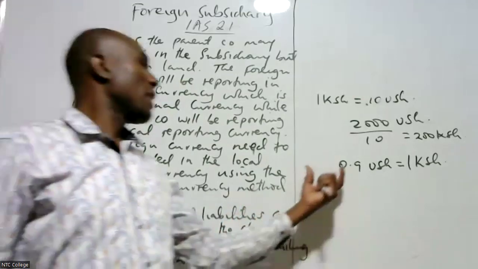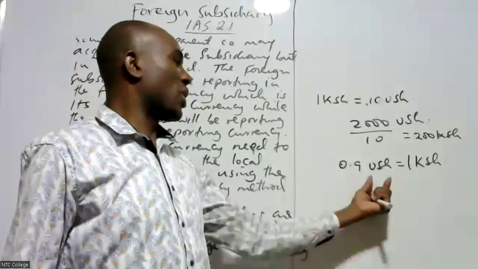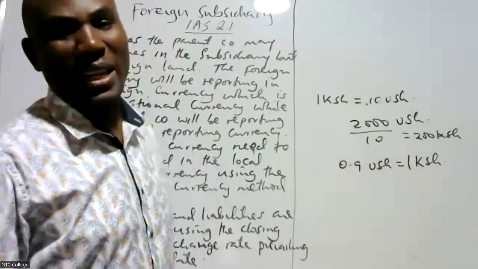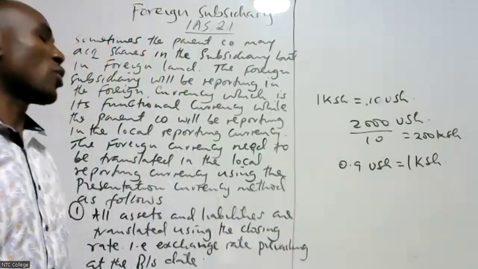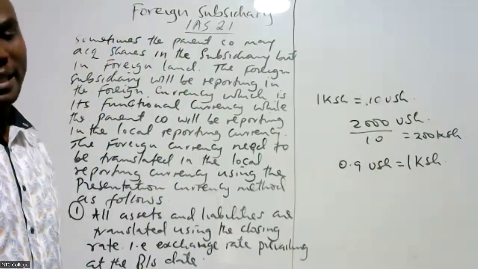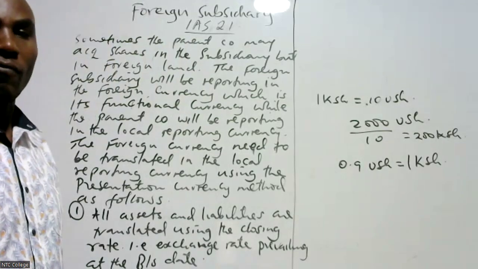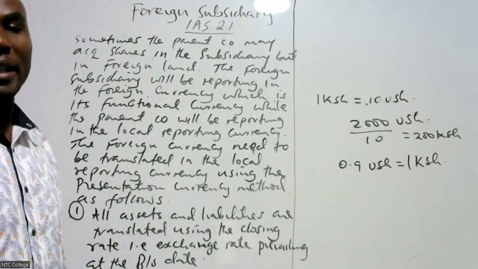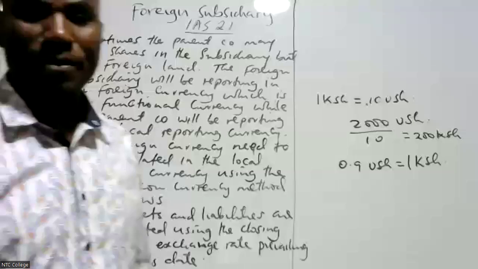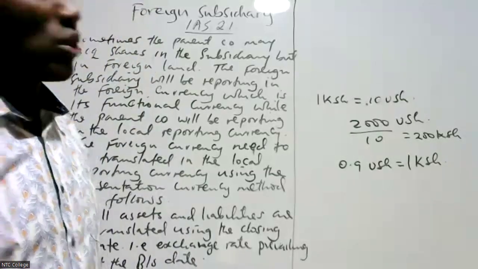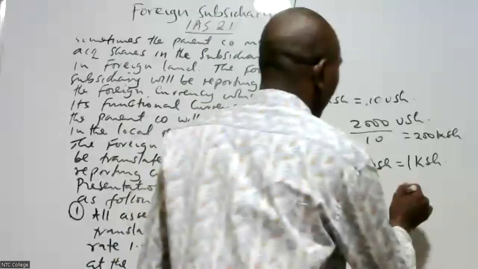If I say 0.9 Uganda shillings equals 1 Kenya shilling, which one is the strong currency and which one is the weak currency? Strong Uganda, thank you. Weak Kenya, thank you very much. Uganda strong.